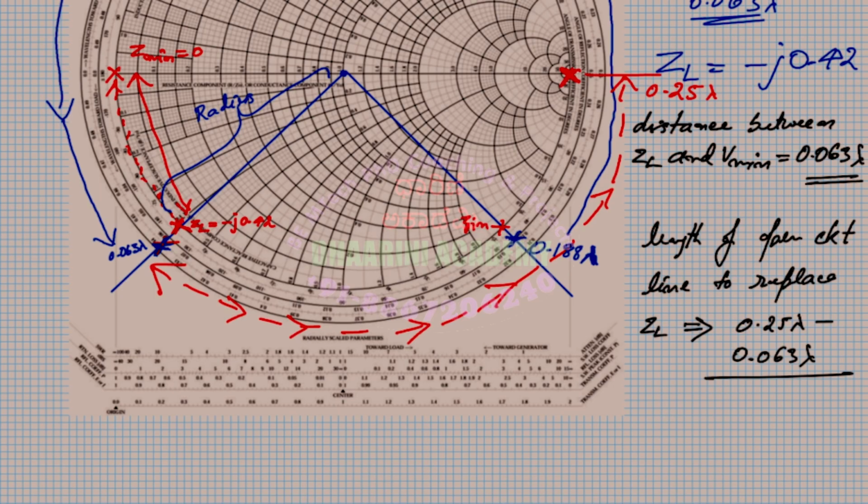Okay, 0.25 minus 0.063, so that is 0.187 lambda exactly.